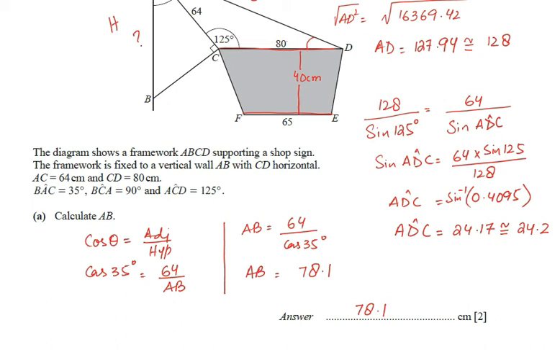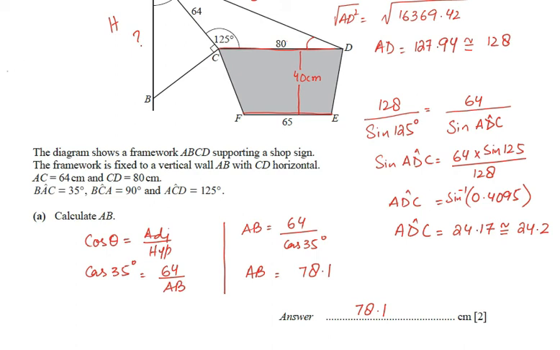They are asking us to find the area of this CDEF. As you can see, this is a trapezium, because we have two parallel sides, and the distance between these two is 40 centimeters. So the height of this trapezium is 40 centimeters and the two parallel sides are 65 and 80.